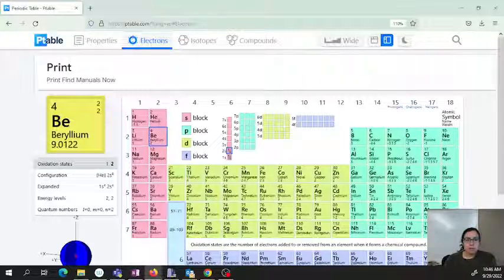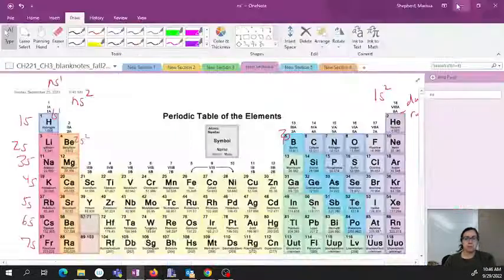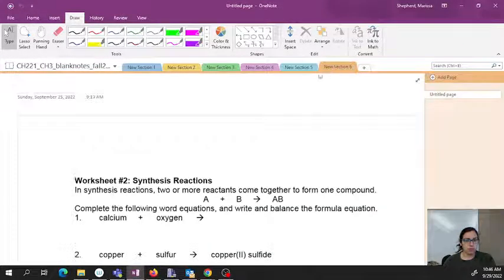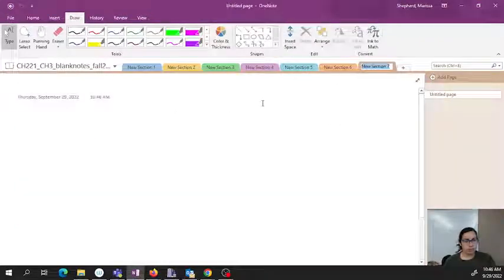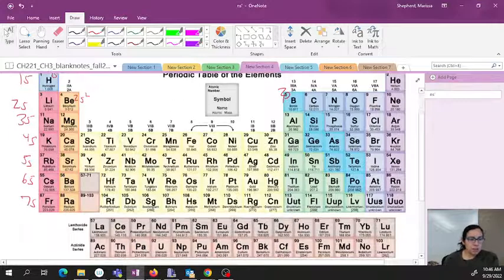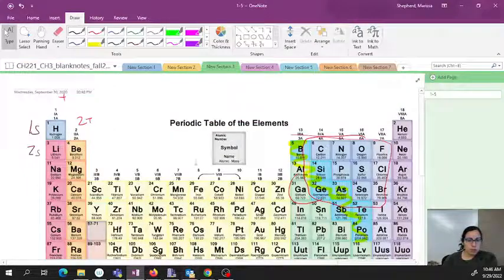So for beryllium, you start at helium and then fill up 2s2. And you can see that written out explicitly, 1s2, 2s2. And so again, that repeats all the way down. That's why those have a 2+ charge on them.